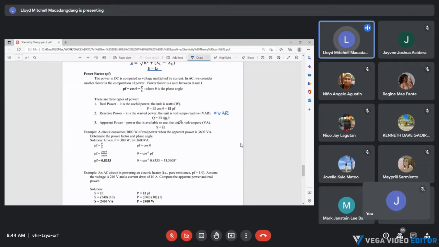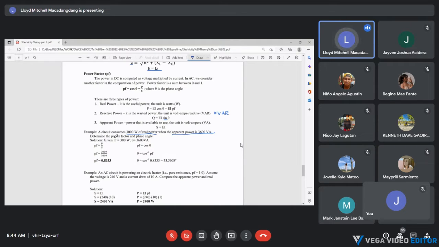So example natin. So you have here, a circuit consumes 3,000 watts of real power when the apparent power is 3,600 volt ampere. Determine the power factor and the phase angle. So dito given yung real power and the apparent power.